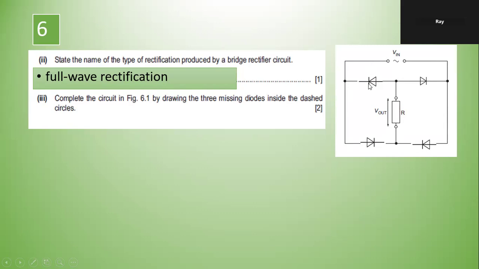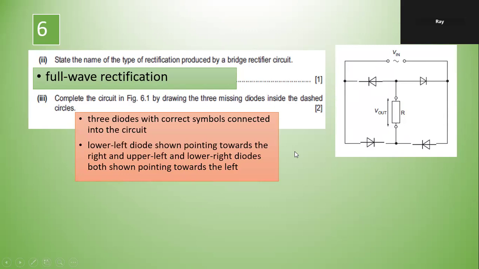Follow the arrow. These two are the same direction. These two are the same direction. Any comment or anything not clear?